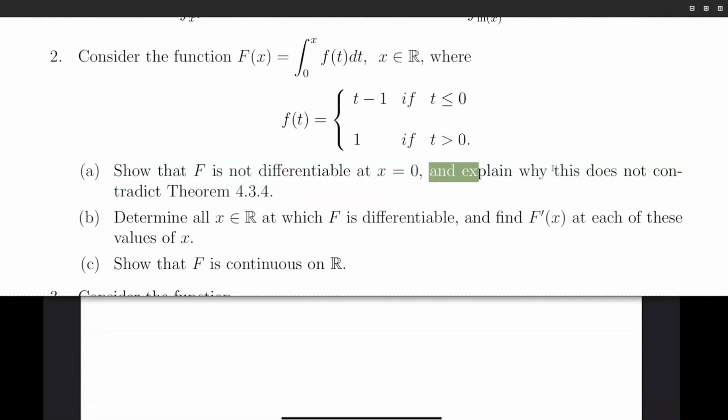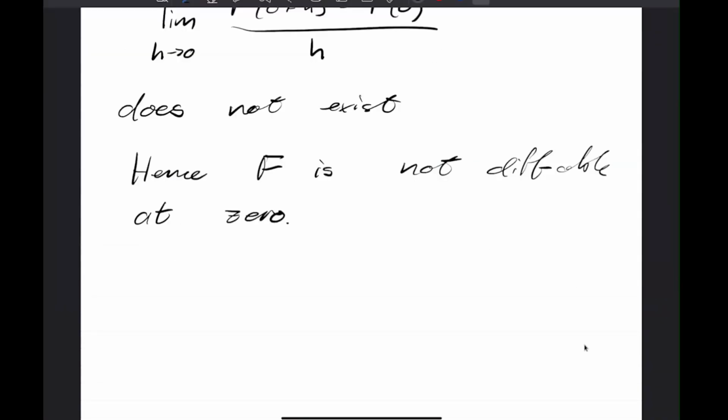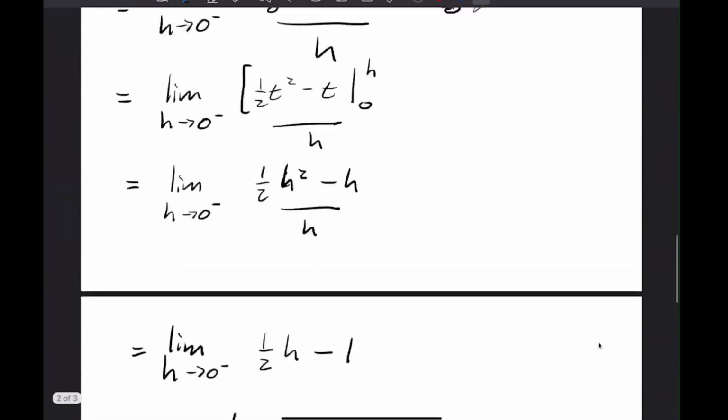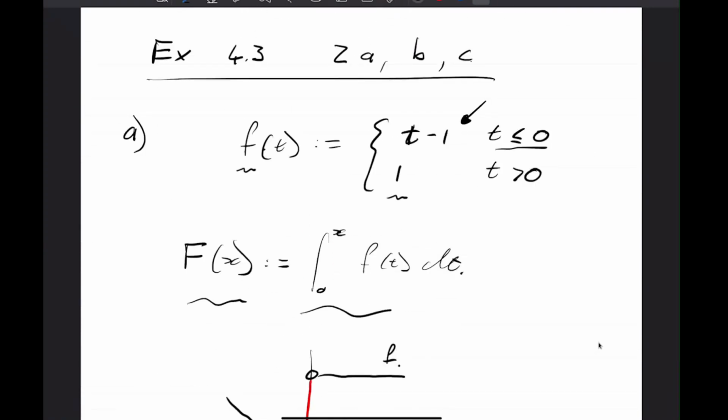the second part of the problem asks, why does this not contradict theorem 4.3.4? So theorem 4.3.4 is the fundamental theorem of calculus, which says if we define a function big F like this, then if we take the derivative it is essentially going to be little f.